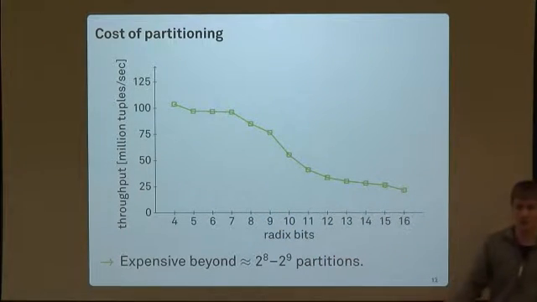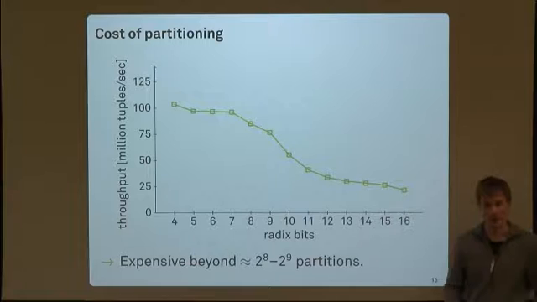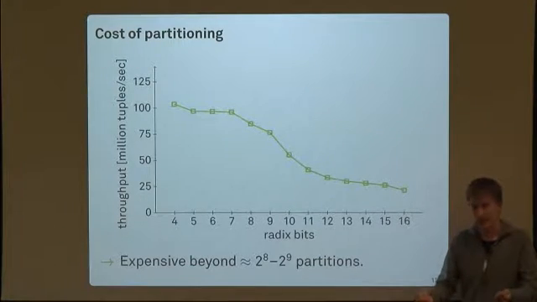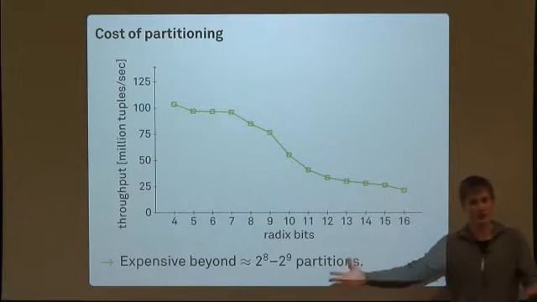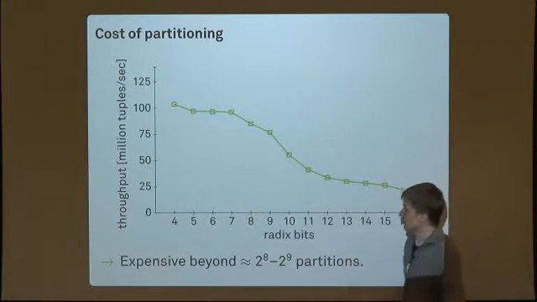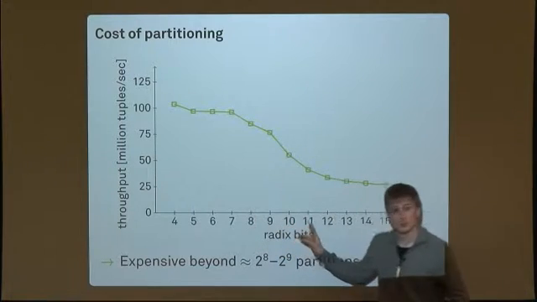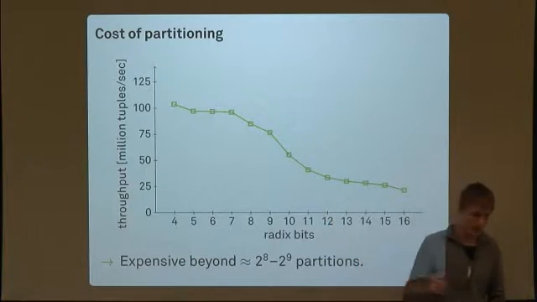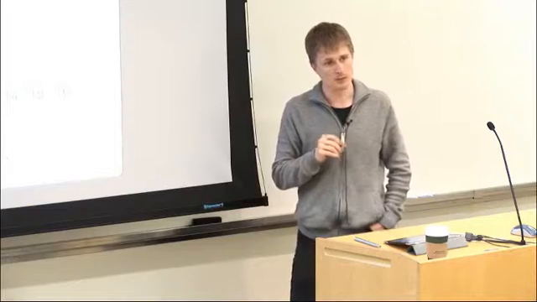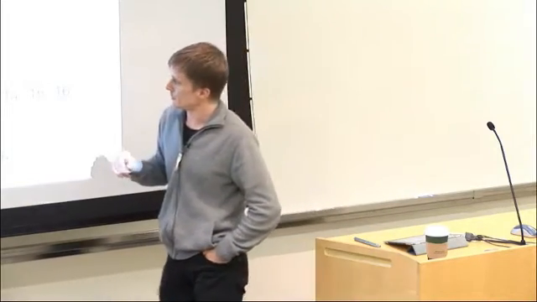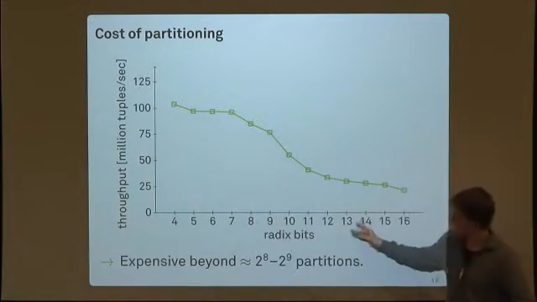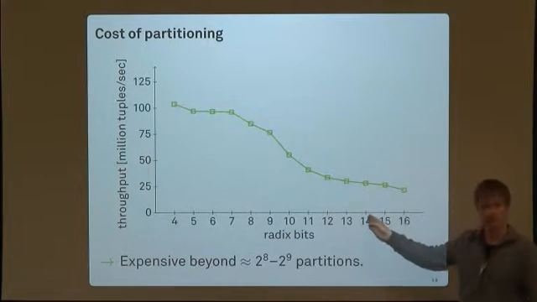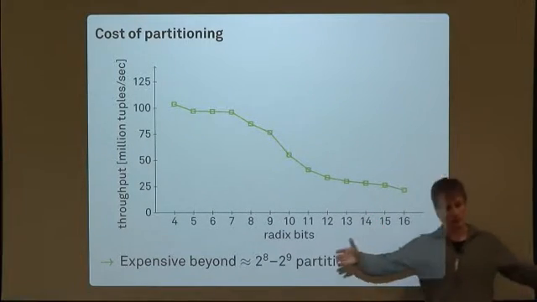That's because partitioning is conceptually very little work. You just compute a hash value over the key that tells you where to put the tuple, and then write it there, and you're done. It's not much work. But once you cache miss, of course. Yeah, the cache misses are not really problematic, because here you're talking about, let's say, 2 to the power of 14 addresses where you're concurrently writing.